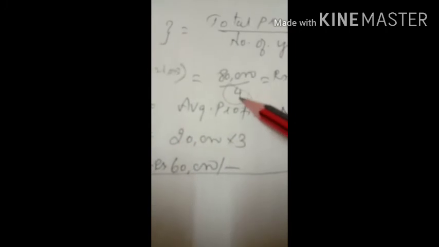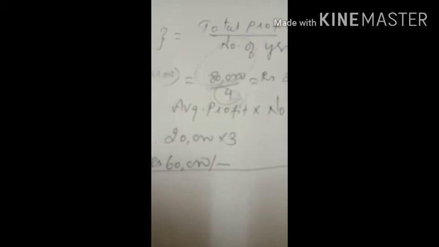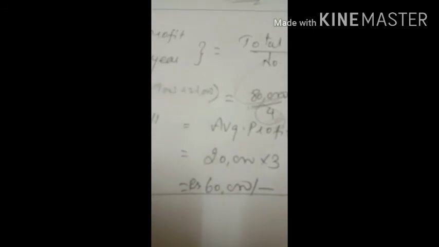Here, number of years of purchase is how many years of purchase of profit is taken into account. That is 3 years. If you multiply this by 4 again, we have 80,000, and then it will not be goodwill. The profit and goodwill will become the same. So that is not the method of calculating the goodwill.